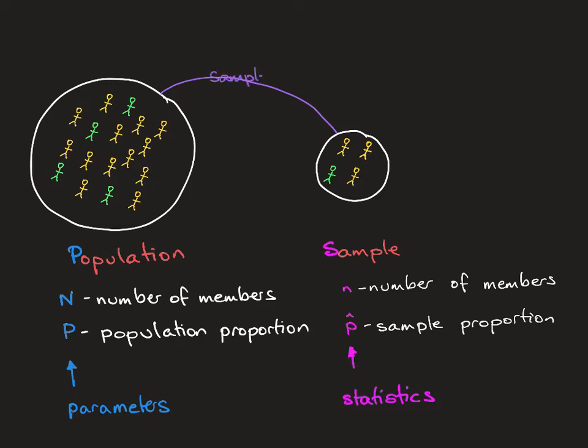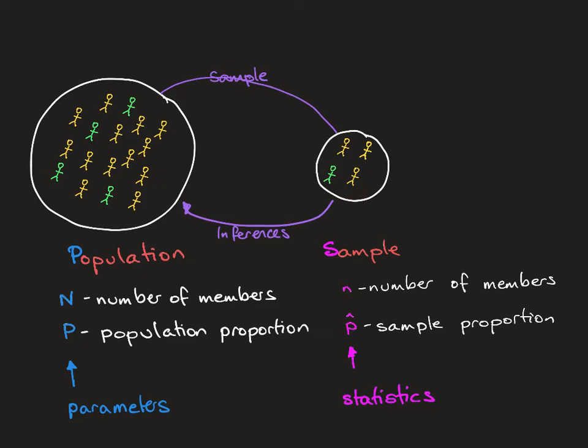We measure things, information, about this particular group of people, and we find some statistics, and then we use those statistics to make inferences about the population. And another word for inferences is almost predictions.